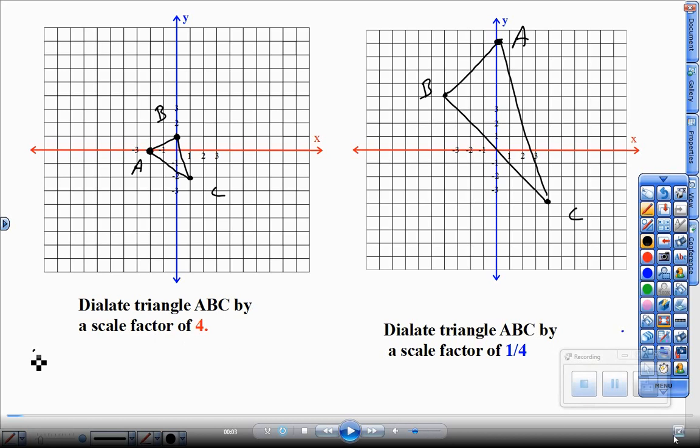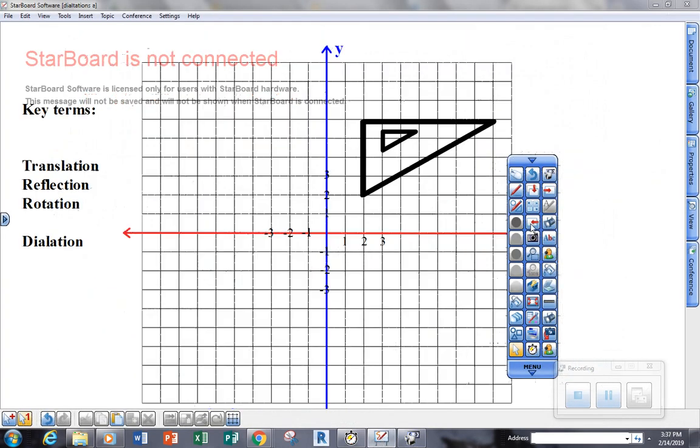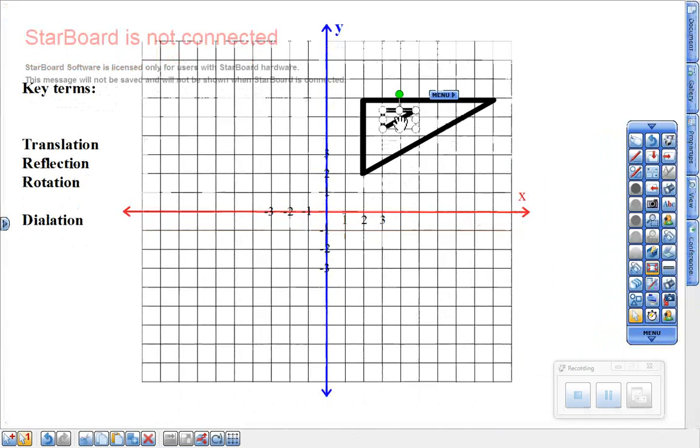I need you to remember, though, the main types of transformations that we've done. I'm going to give you a quick glimpse of what we've done so far. The 3 have been the translation, the reflection, and the rotation. Today we're doing a dilation.